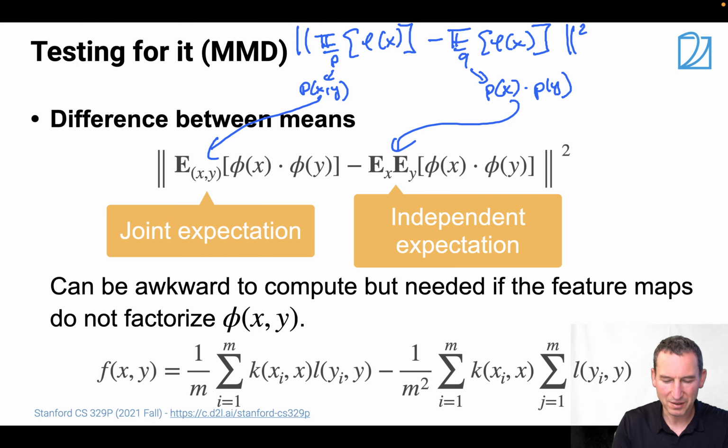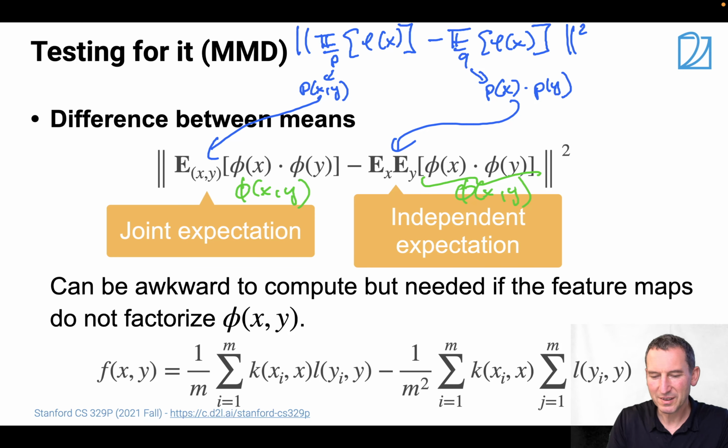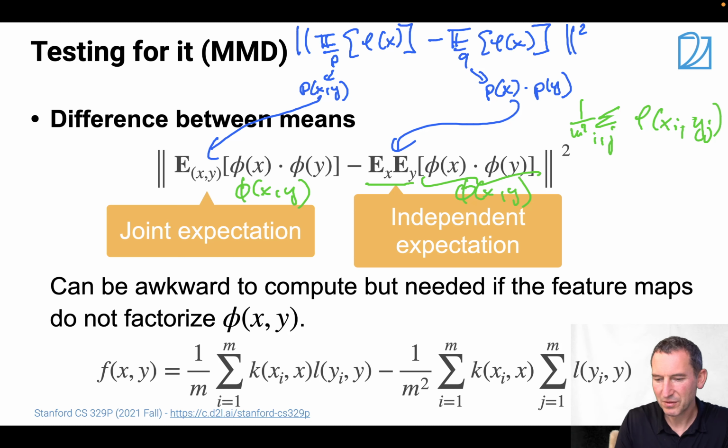If it doesn't do that, then you might have to plug in something like just phi of x and y in here. And likewise, you get that, phi of x and y. And one of the reasons why this is more awkward is that now in order to take the empirical average over x and y, you would have to compute the sum over i and j, 1 over m squared, phi of x_i, y_j, right?